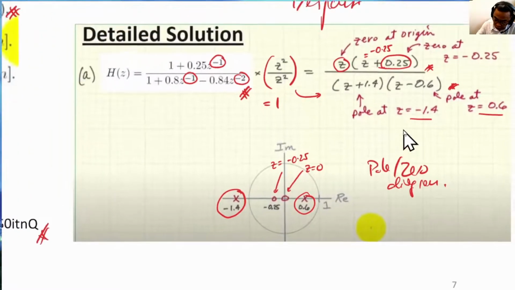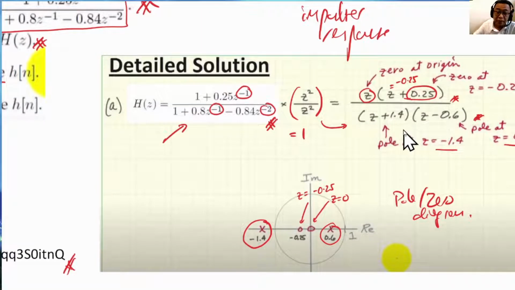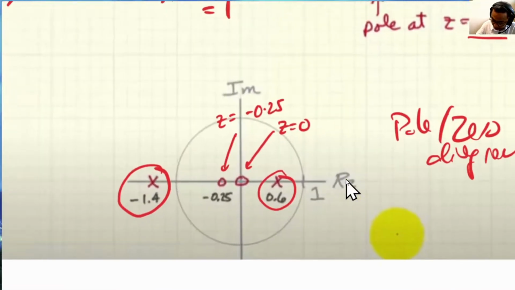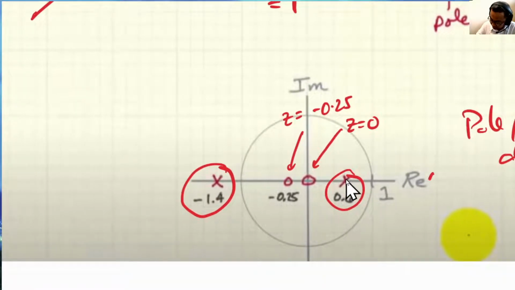So the trick is, when we are given negative powers of z, we must convert them into positive powers of z, and factorize the numerator and the denominator to identify the poles and zeros. When we draw the pole and zero diagram, we first draw the complex plane. This is the real part of z, this is the imaginary part of z.